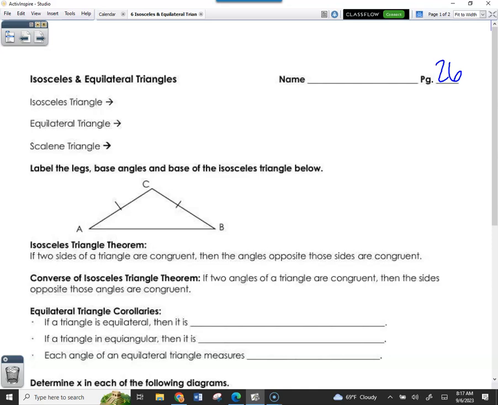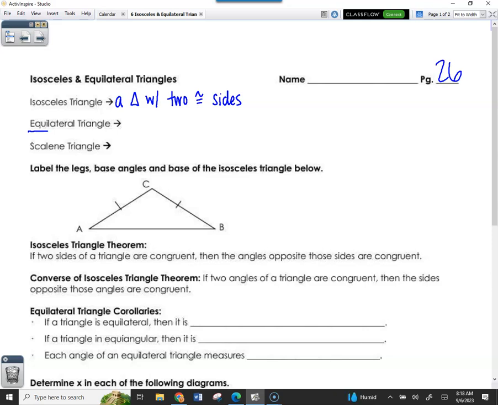An isosceles triangle has what? Two congruent sides. An equilateral, all three sides are congruent. The name itself is literally telling you the lateral sides are equal.